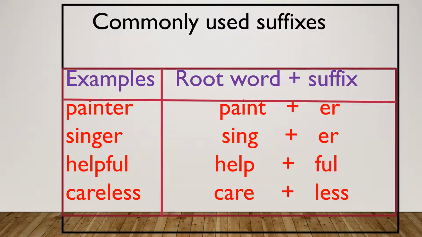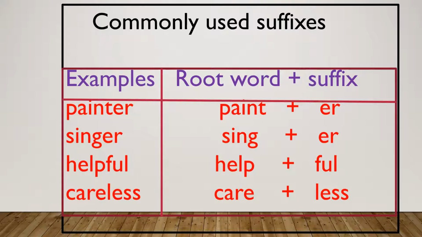Here we have added suffixes at the end of the root word. Paint became painter, sing became singer, help became helpful and care became careless.